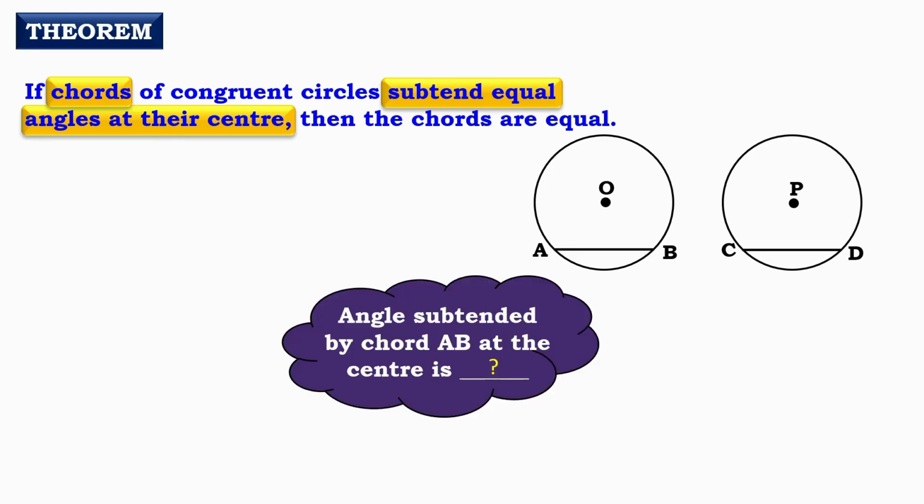So angle subtended by chord AB at the center is angle AOB. Similarly, angle subtended by the chord CD at the center will be angle CPD. Okay, so it is given already that AOB is equal to angle CPD.